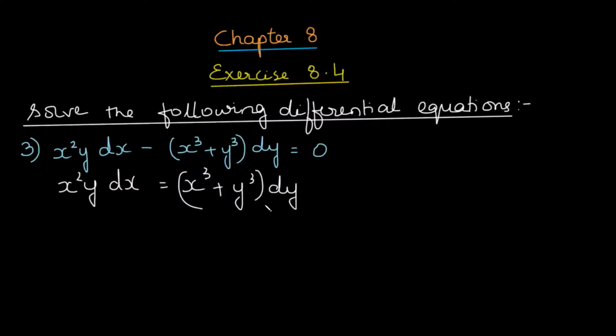So dx comes to the RHS, and we have dy by dx is equal to x square y upon x cube plus y cube.